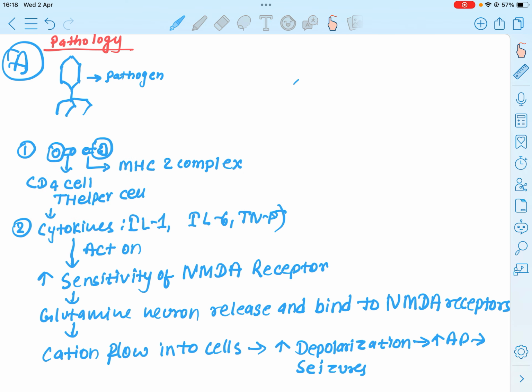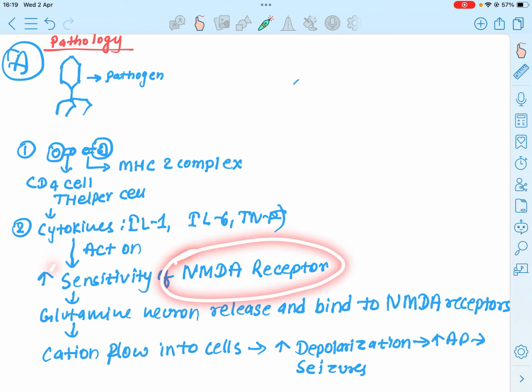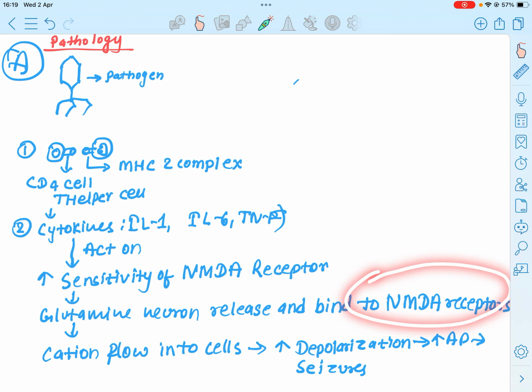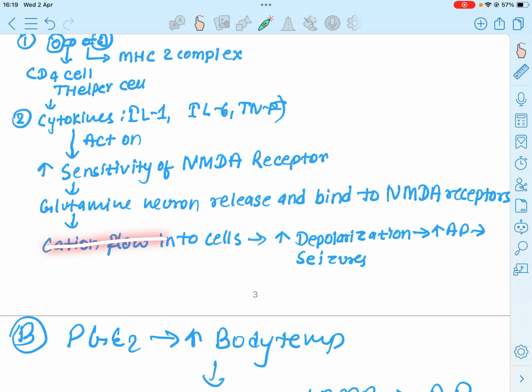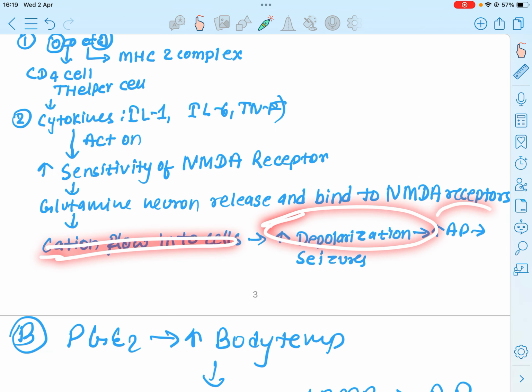Okay, and it will act on the NMDA receptors and increase their sensitivity, and glutamate will be released, and it will bind to the NMDA receptors, and there will be flow of cations into the cells, and there will be depolarization, increased action potential.